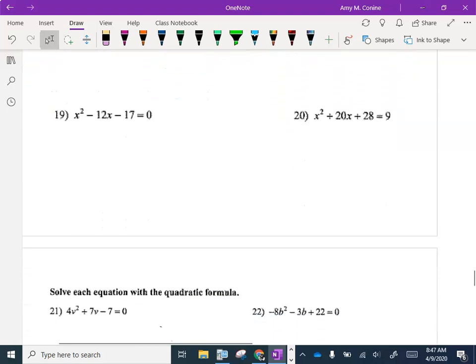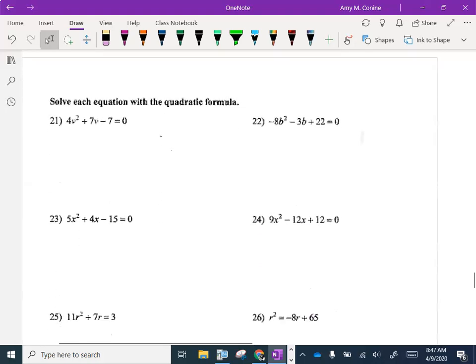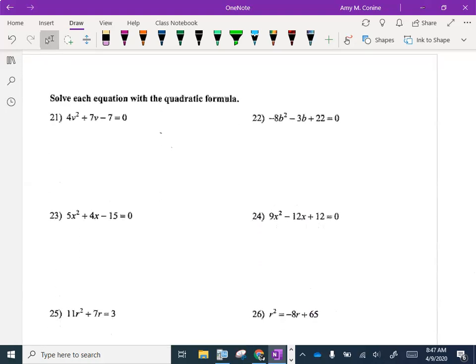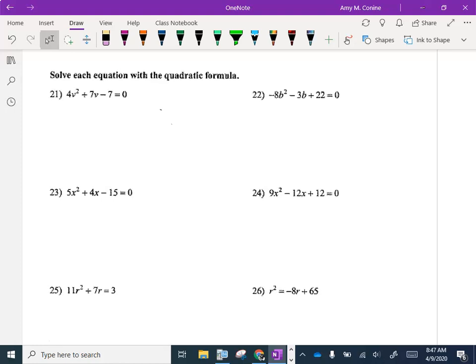All right. So I want to move to quadratic formula because we did just learn that. So I want to make sure that we know what we're supposed to be doing. It does need to equal 0. So for 21, it does need to equal 0 before you do anything, which it does. And then I'm going to, off to the side, list out my terms.